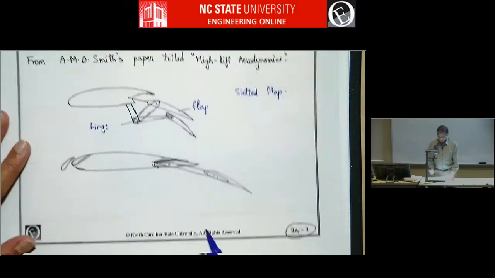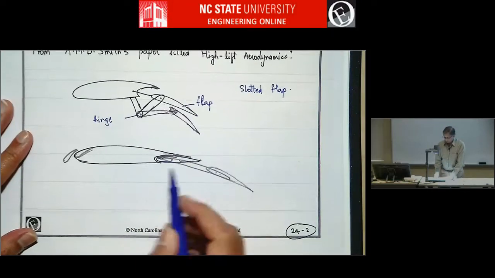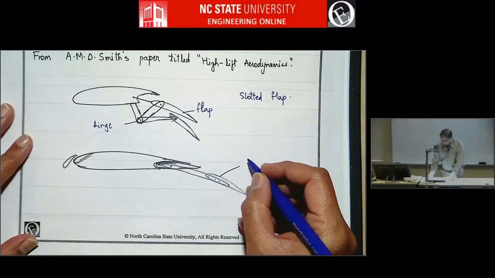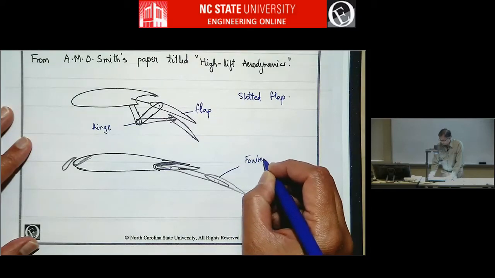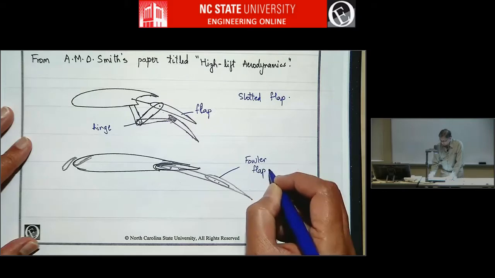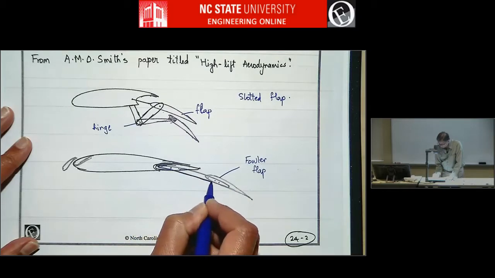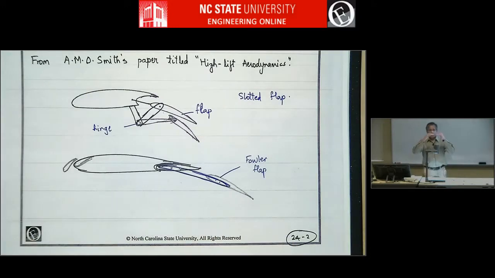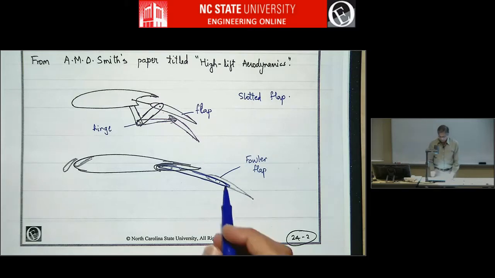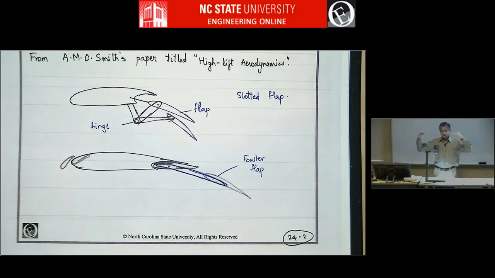And so then you do something called a more complicated flap, called a Fowler flap, where there is a track. This flap will go on this track, and as it goes out, the track geometry will be designed so that at various points it'll angle downwards. And so this will extend the chord and also change the deflection.